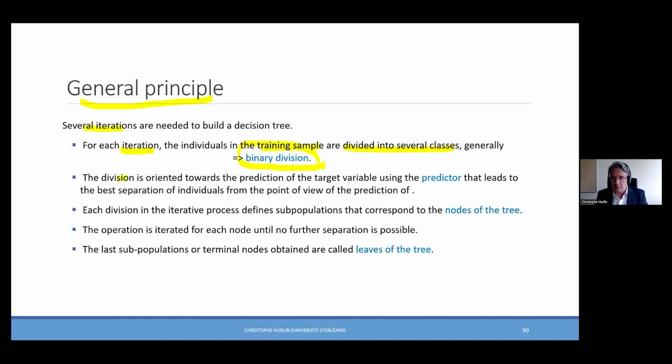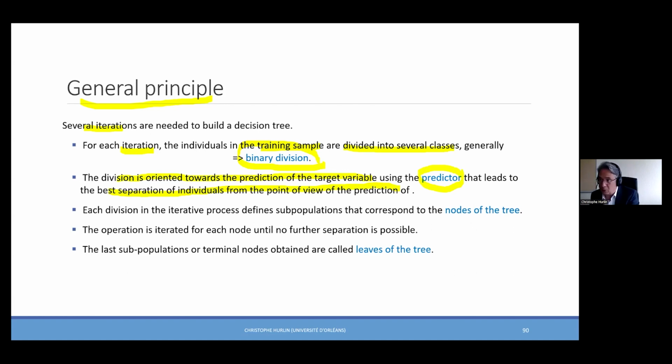The division is oriented towards the prediction of the target variable. And the idea is to select the variable, the predictor, that leads to the best separation of individuals from the point of view of the prediction. What does it mean? It means I can separate my individuals with many variables, okay, with gender, income, etc. And for a given variable, for instance, income, I have many thresholds.